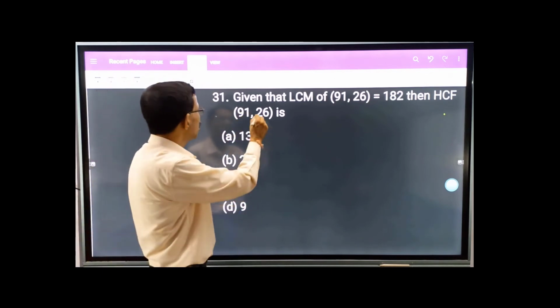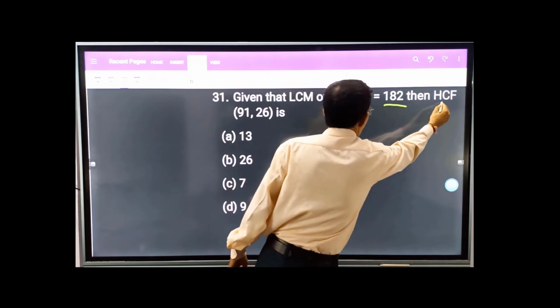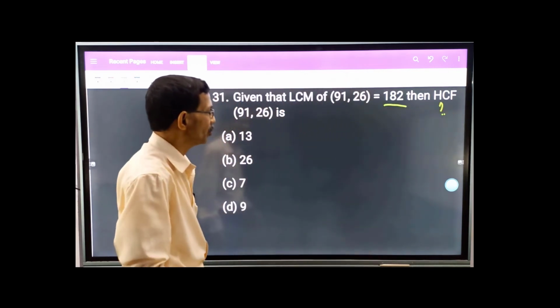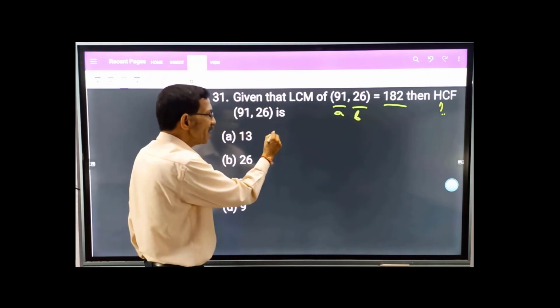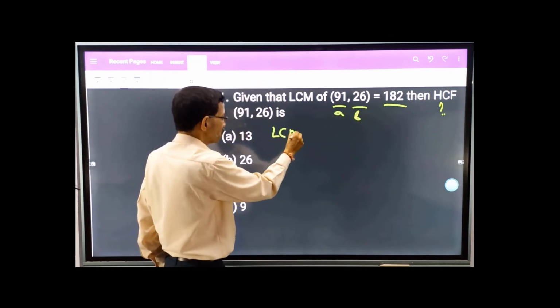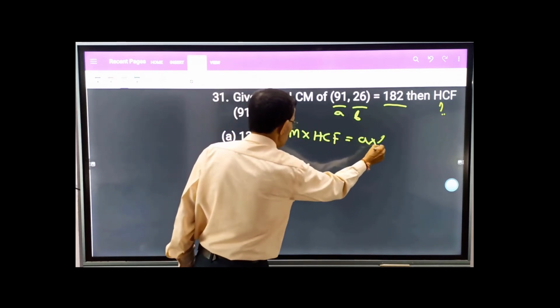Given LCM is equal to 182 and you are asked to calculate HCF. So this is A and this is B. We can write LCM into HCF is equal to A into B.